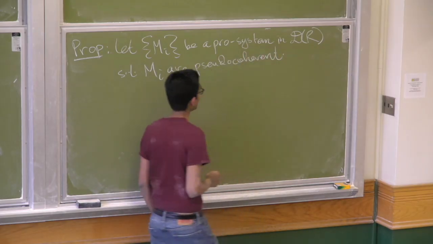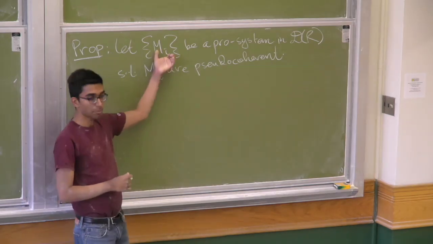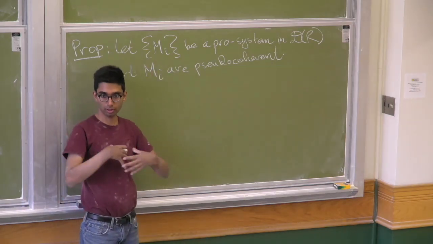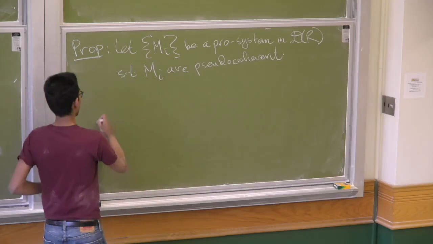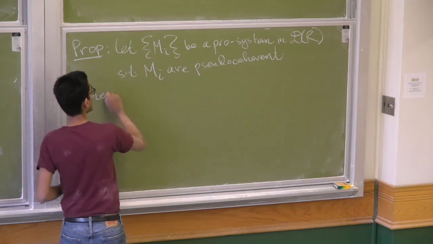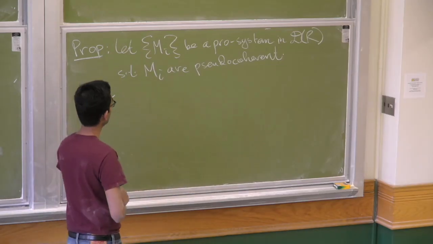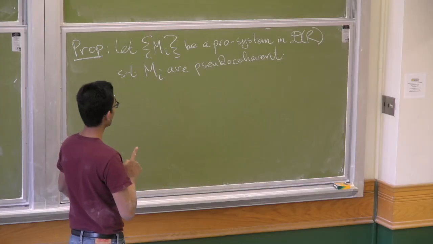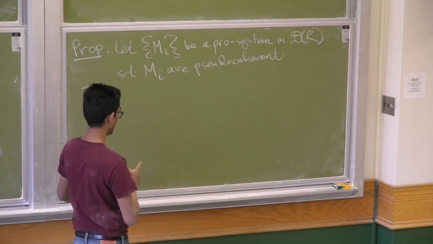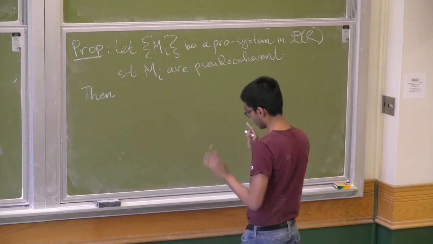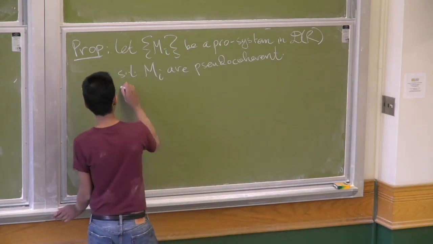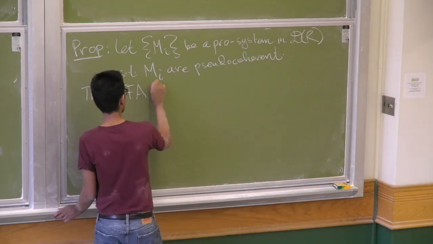So if R is a Cartier ring, that's the same as saying that all the homology modules are finitely generated. So now the following are equivalent.